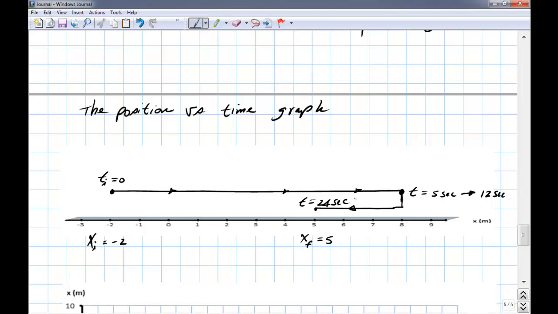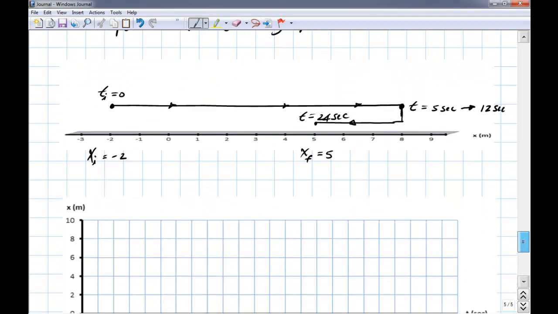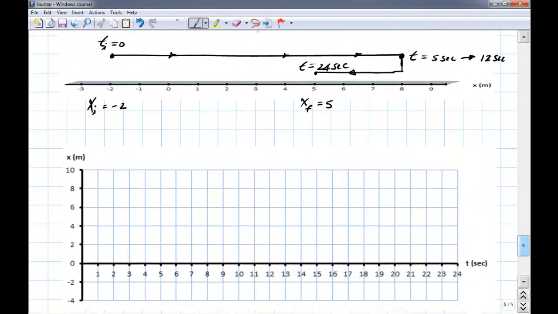What we'd like to do now is to graph this information on a two-dimensional graph where the vertical axis represents x and the horizontal axis represents time. So how do we do that? Well, we mark a few points to begin with, starting with our initial location and our initial time. Notice that at time 0, our position is -2. So that creates a dot right here.